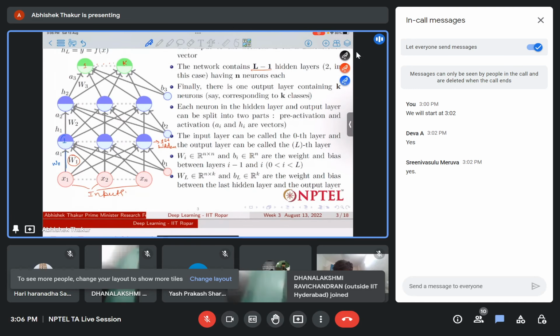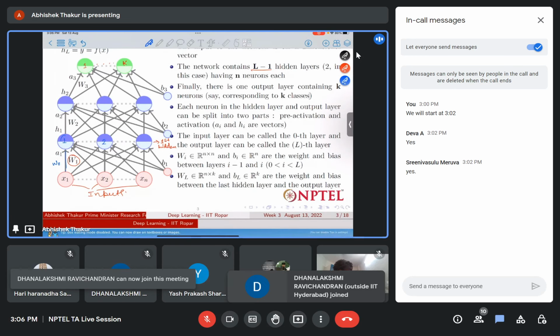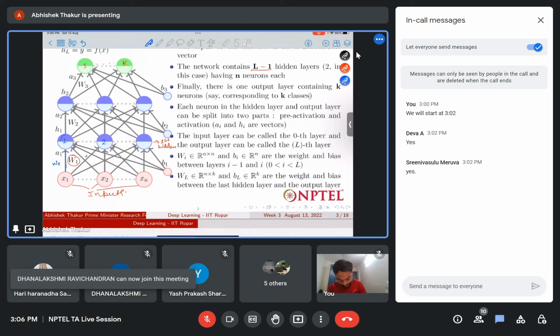Similarly, this is the second neuron in the first hidden layer, and the weight of this path is W21. Suppose this is our nth neuron, so this will be Wn1. Also, the path from xn to this nth neuron in the first hidden layer can be given as Wnn.